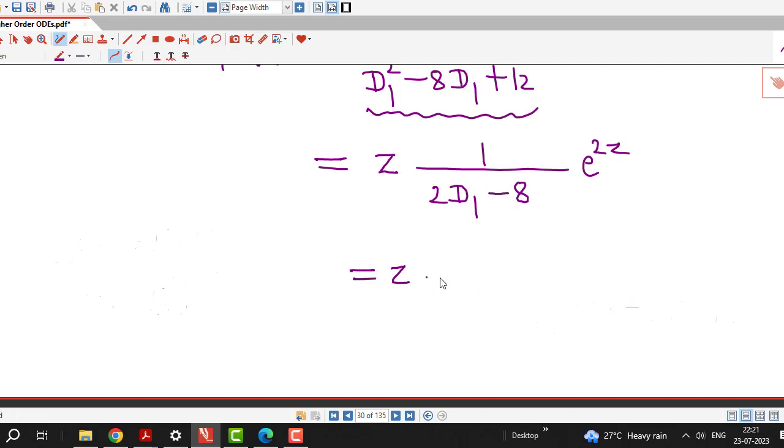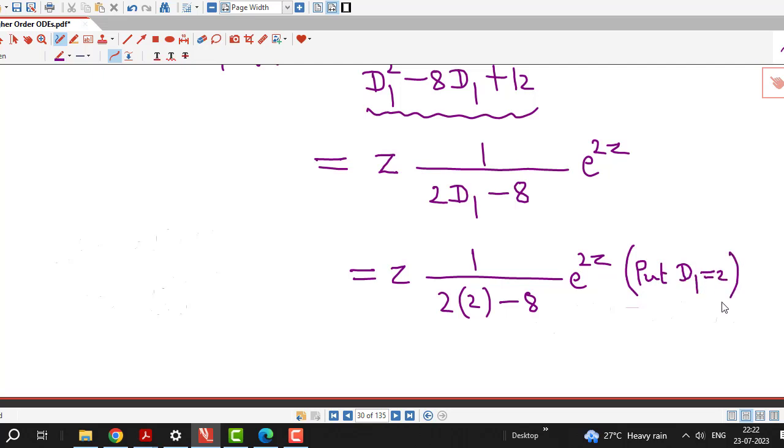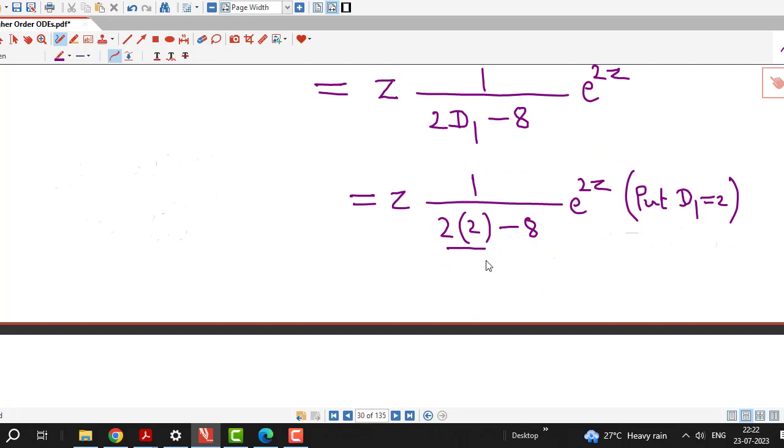This is equal to 1 over 2 times 2 minus 8, z times e raised to 2z. We have taken D1 equal to 2, and this is 4 minus 8, that is minus 4, and we can see we have minus 1 by 4 z times e raised to 2z as the particular integral.